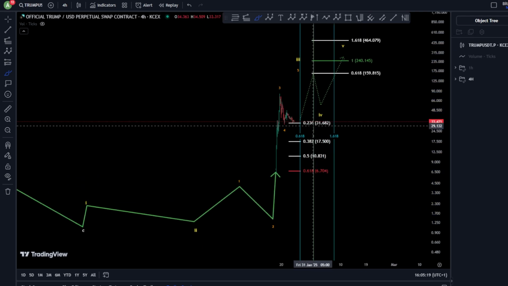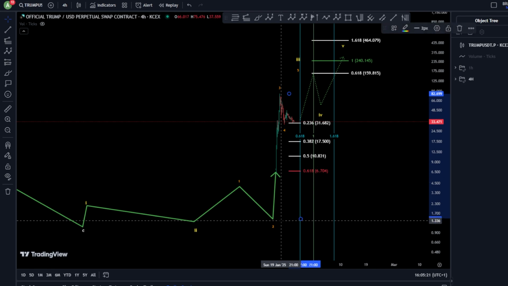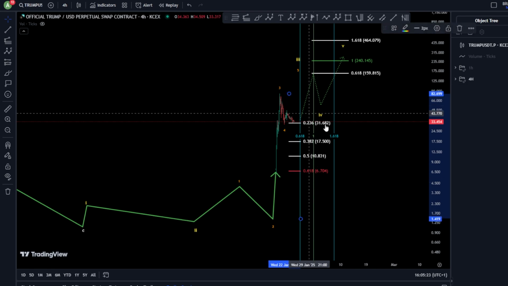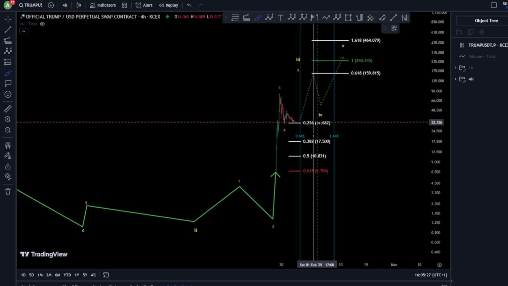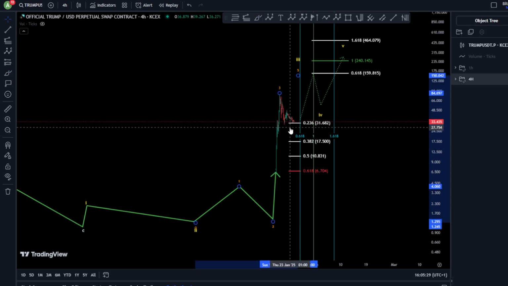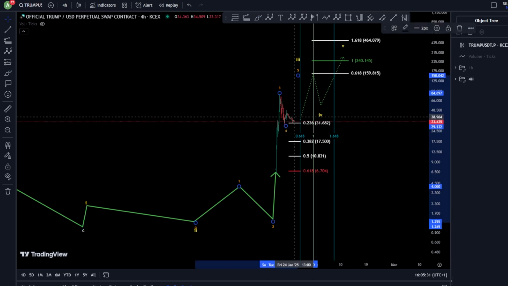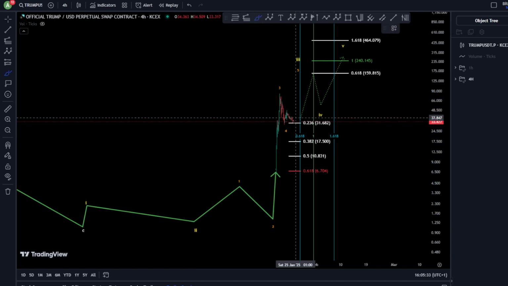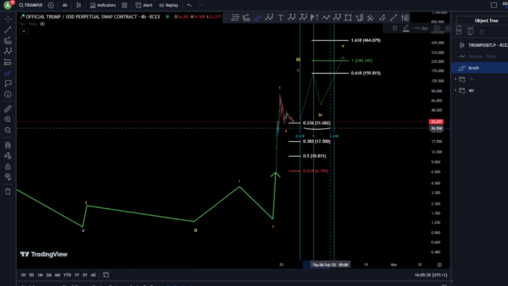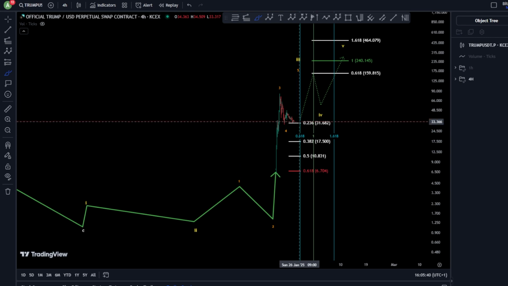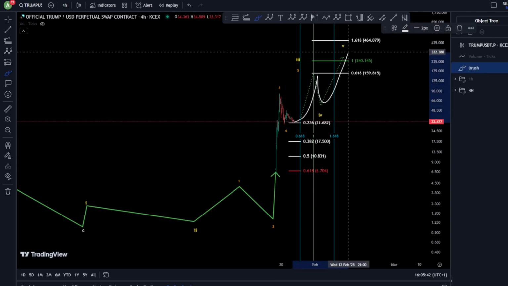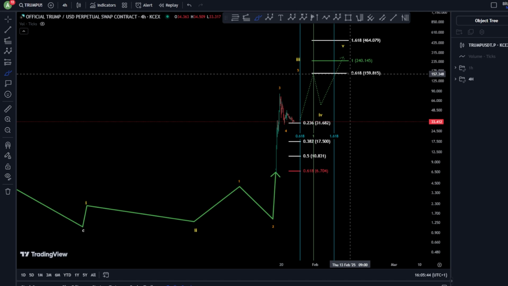Now, when I took the fib level from this bottom here till the top, the 0.23 has been hit for a wave 4. So if you are in a wave 4 here, in the orange scenario, you would think to move toward the upside after hitting the 0.23, in case we are still bullish on this chart and it wants to continue toward the upside.